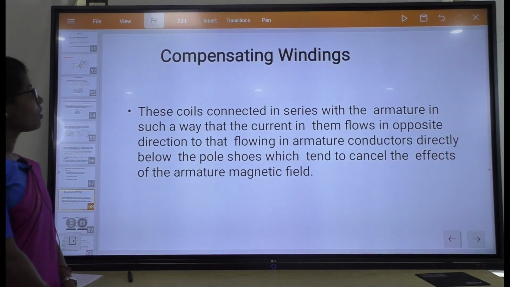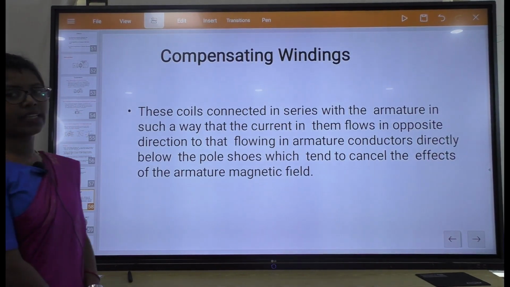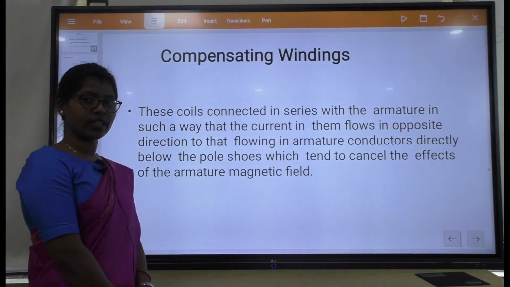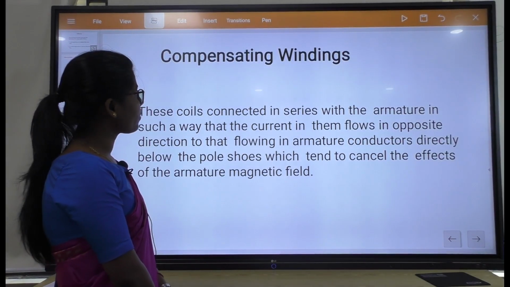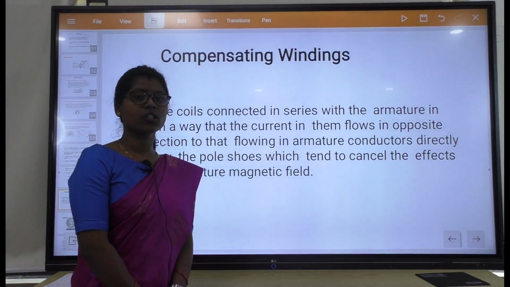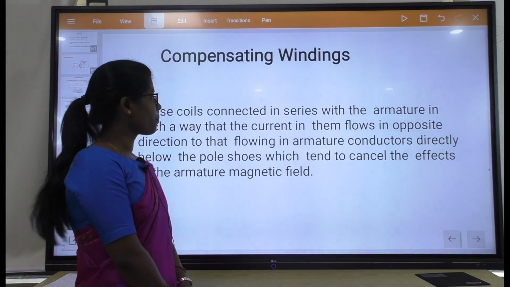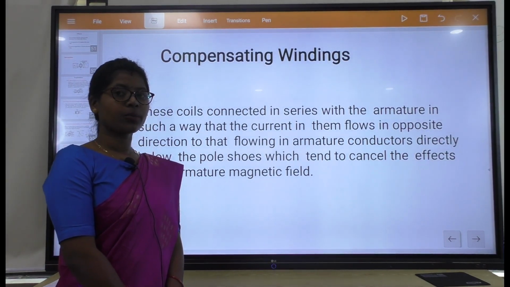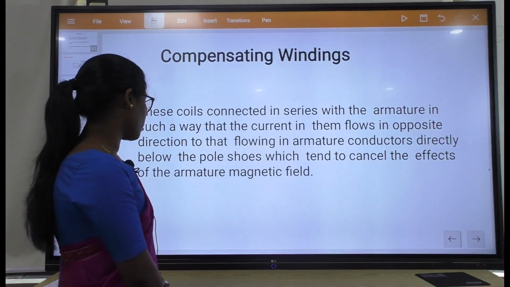Okay. And the function of this compensating winding is to neutralize the cross magnetizing effect of armature reaction. So, the compensating winding eliminates the cross magnetizing effects of armature reactions.